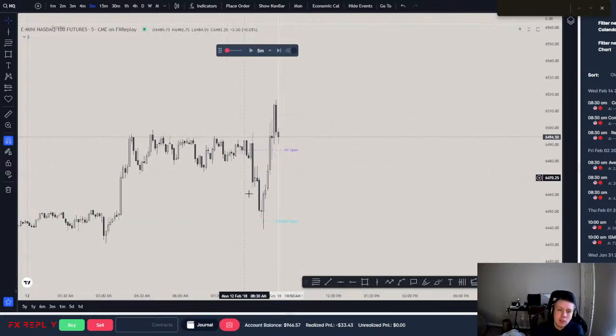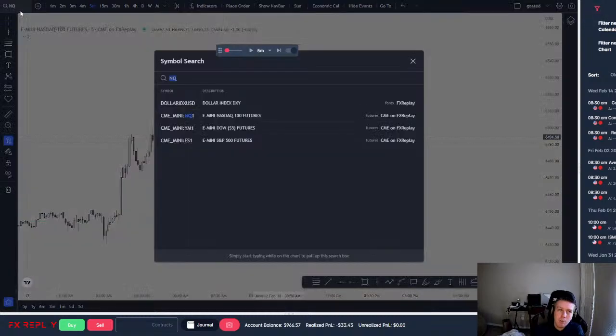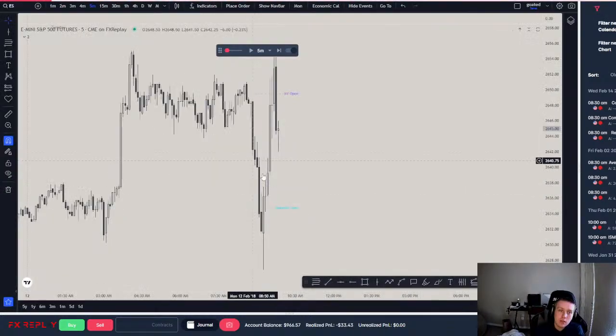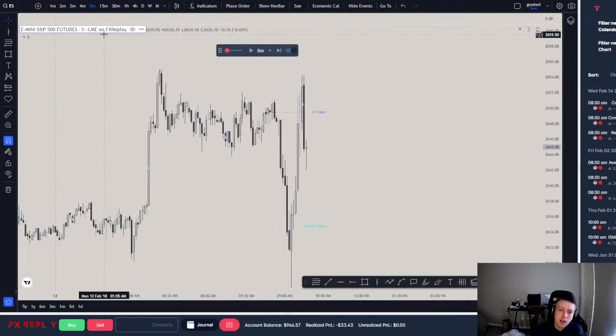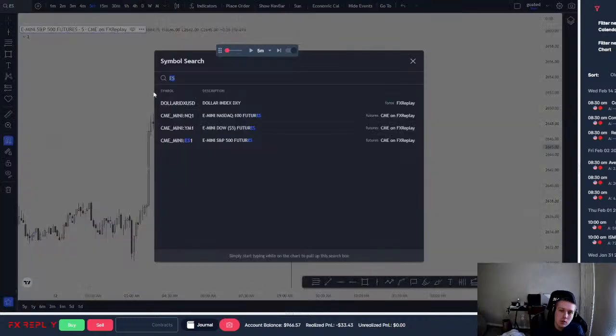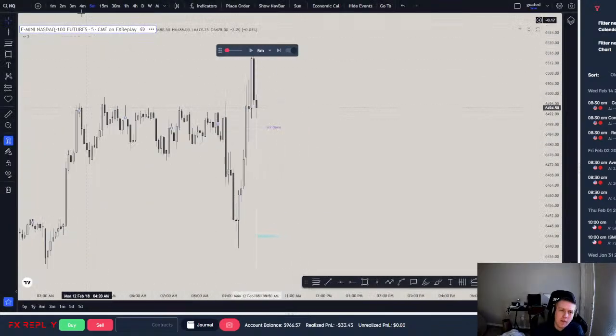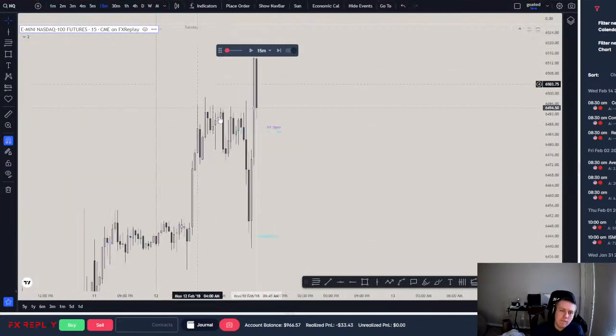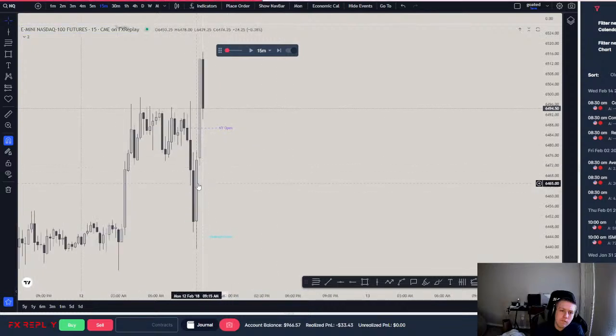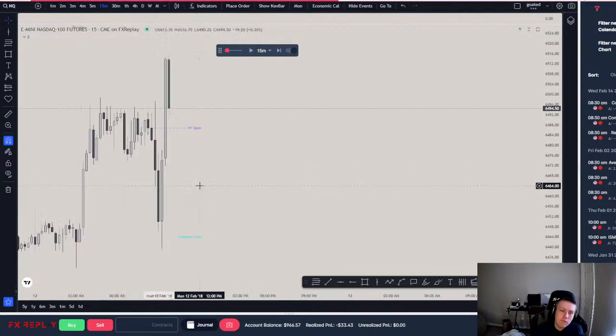Accumulation, manipulation, distribution. Oh, beautiful. Let's look at ES. ES didn't take that high. Overall, this is very fickle.